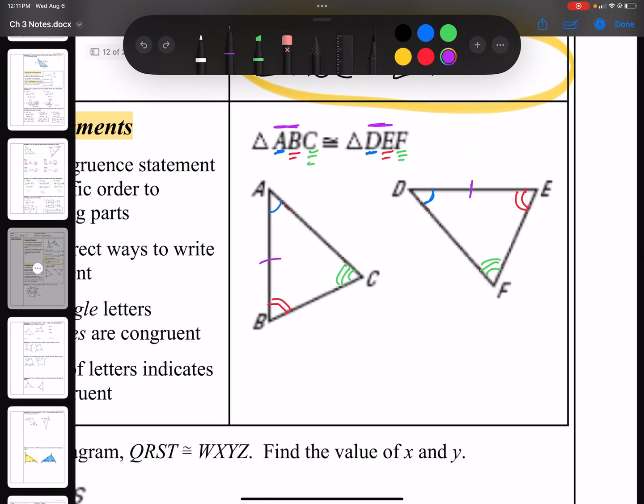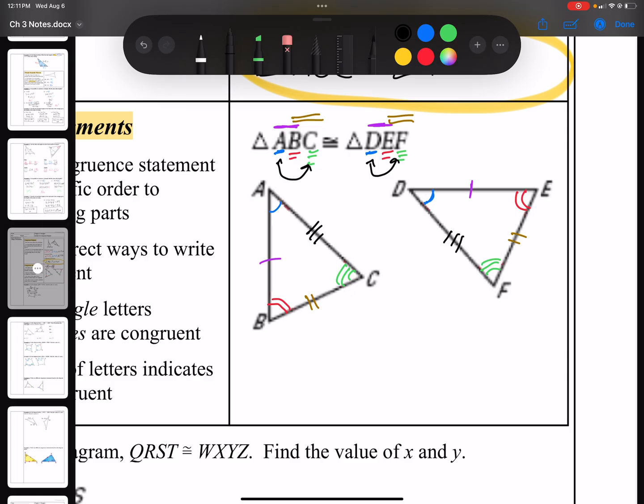All right, next pair, we've got BC. BC is the second 2 letters. What's the second 2 letters here? EF. So BC is going to equal EF. And last, don't forget about the outer pair. AC and DF will be congruent.